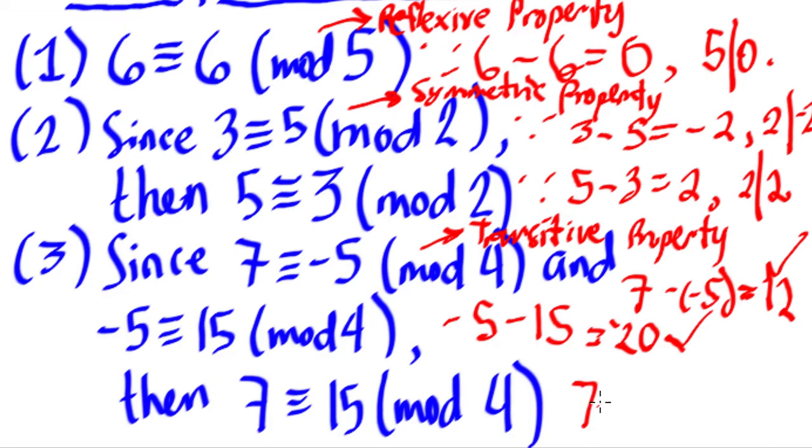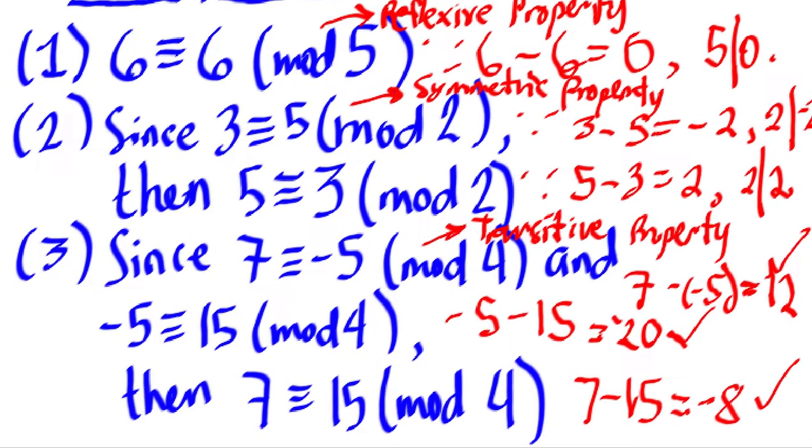And here 7 minus 15 is going to give us minus 8. So indeed 4 is a factor of minus 8, that is 4 times minus 2, which is minus 8. So that's the transitivity property. We have shown some examples of reflexive property, symmetric property, and transitive property.